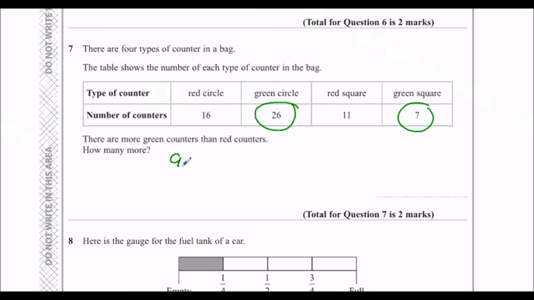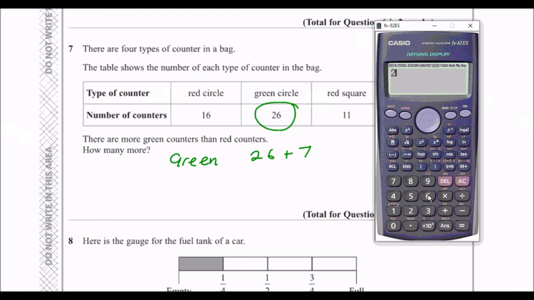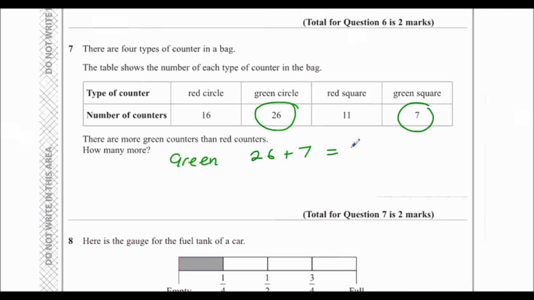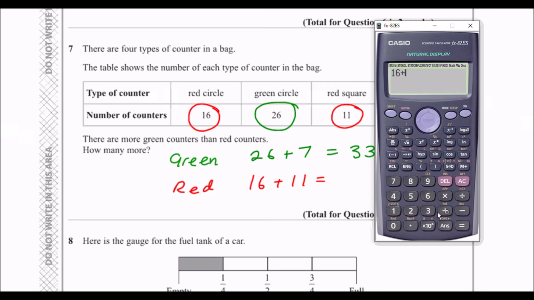So green, we have 26 plus 7. So 26 plus 7 is 33. And red counters, we've got 16 and 11. 16 plus 11 is 27.